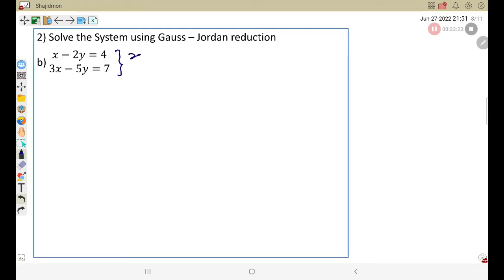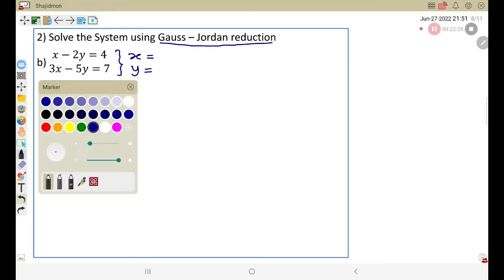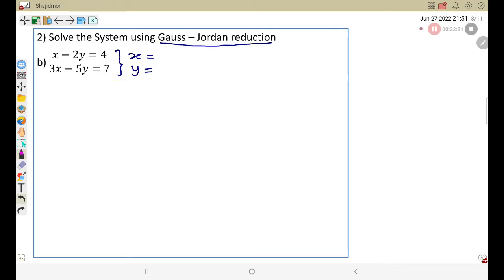We need to find the x value and y value by using Gauss-Jordan reduction. Correct? So first we are writing the augmented matrix [A|B] equals matrix 1, minus 2, 4. Second equation 3, minus 5, 7.